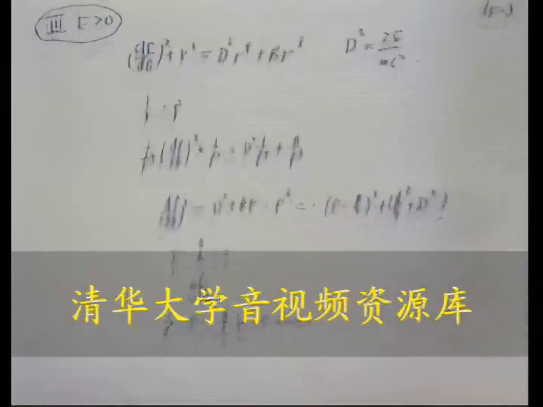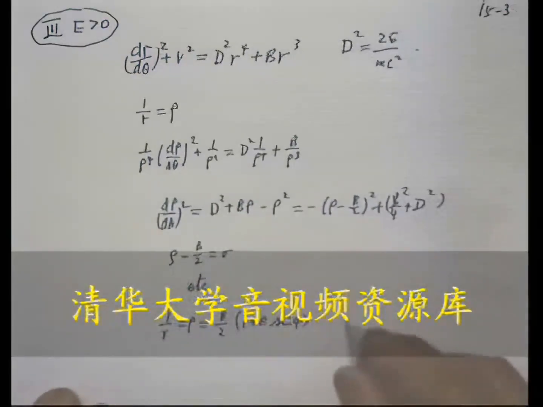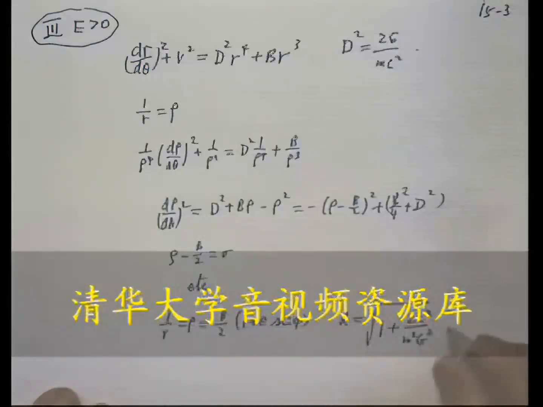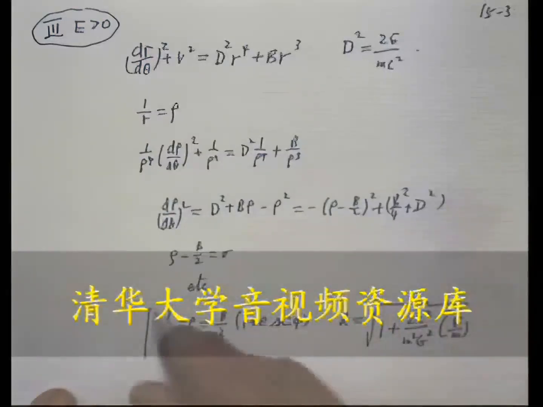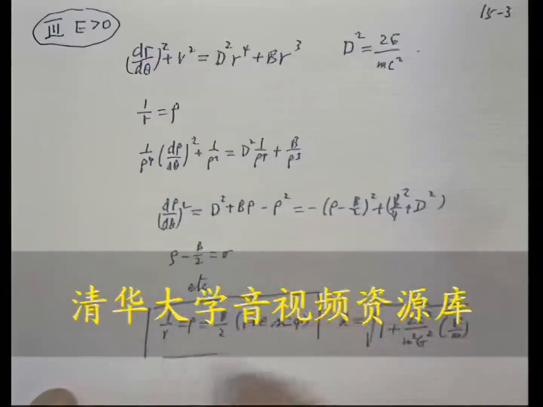Exactly the same equation, but in this case alpha is equal to square root of 1 plus 2c squared over m squared g squared e over m. And it's greater than 1.